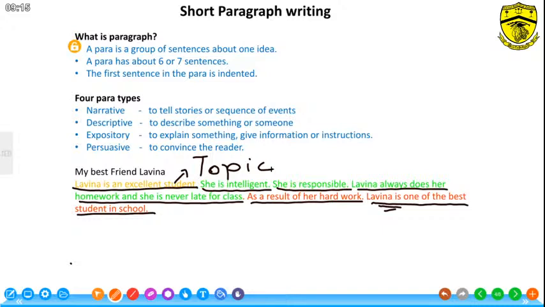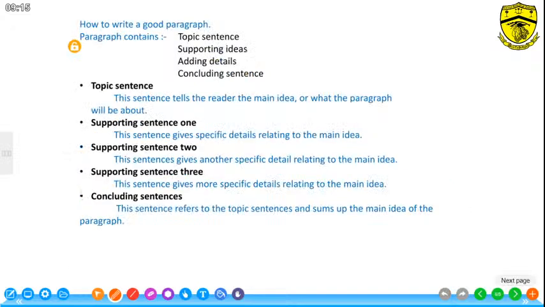When we write a paragraph, first we have to tell the opening sentence about the topic. You have to introduce it first. Then you have to write the supporting sentences, using them to describe the topic. So this is the explanation.